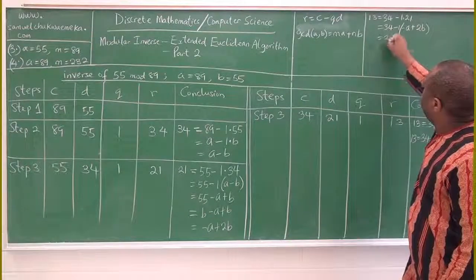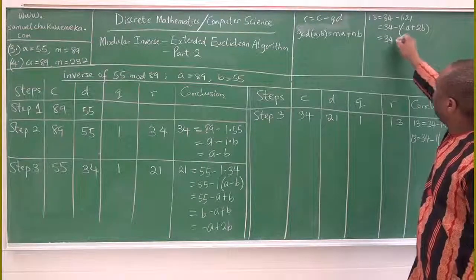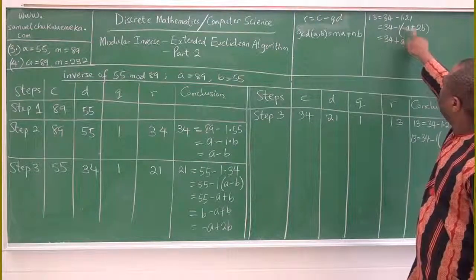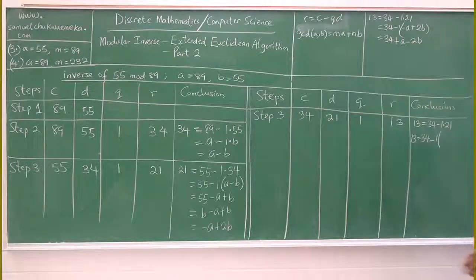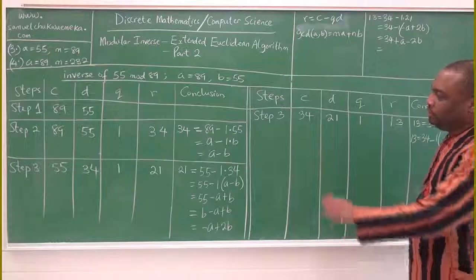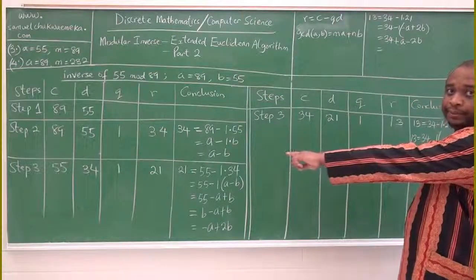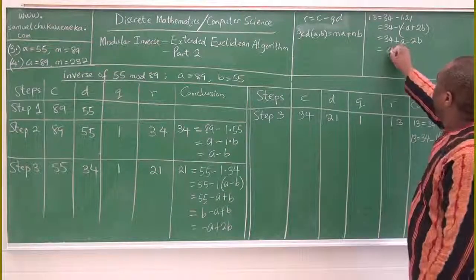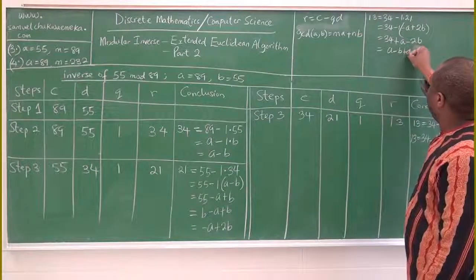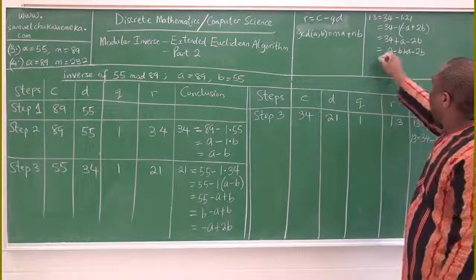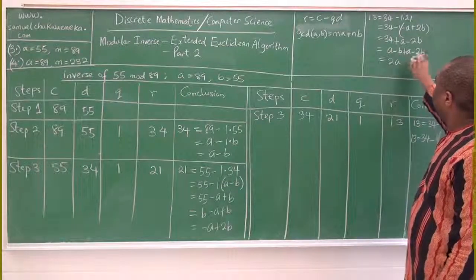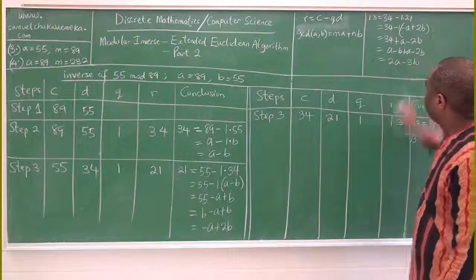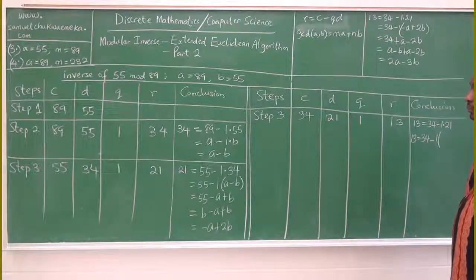So this is 34 minus 1 times minus a is plus a, minus 1 times plus 2b is minus 2b, right? And this is equal to, what did we get as a 34? A minus b, okay? A minus b plus a minus 2b. And that will give us a plus a is 2a, minus b minus 2b is minus 3b. 2a minus 3b. Okay?